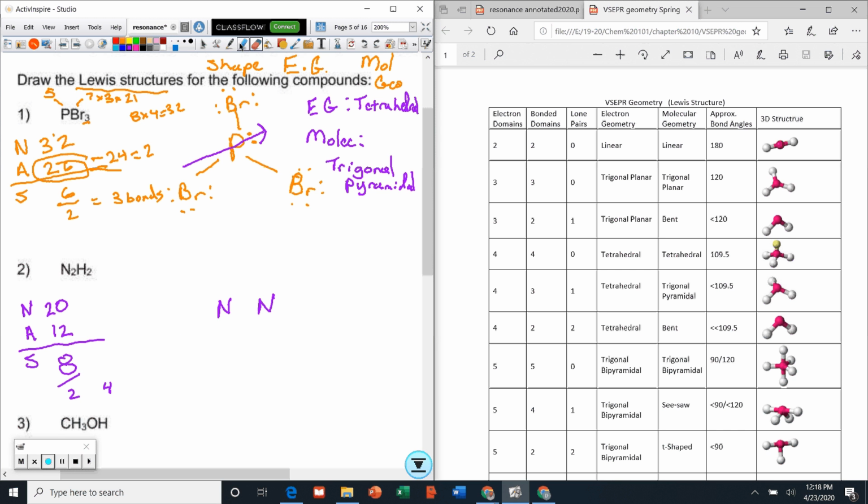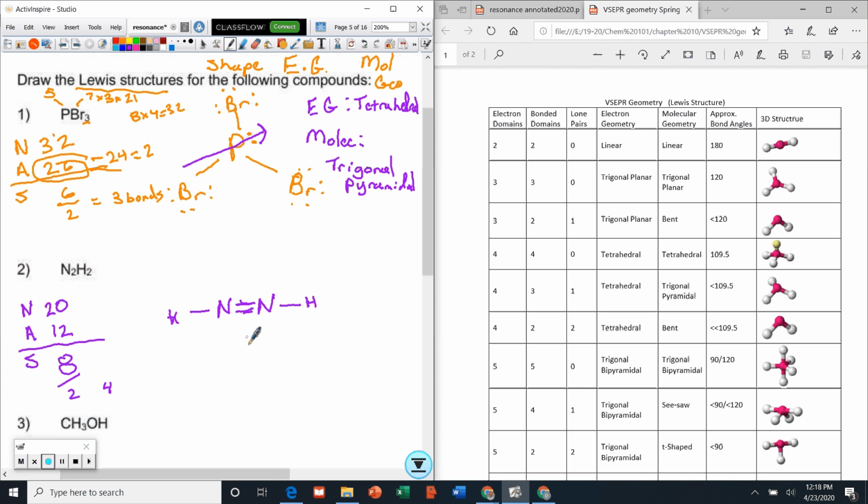All right, so I have a hydrogen on this side, and I have a hydrogen on this side. That gives me 2 of the bonds. Well, I need 4 bonds. So what that tells me is I'm going to have a double bond right here between these 2 nitrogens. And so what does that do?